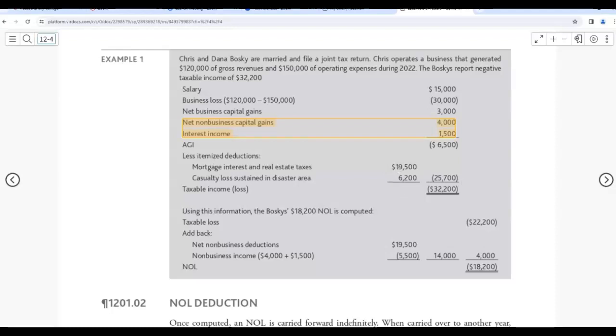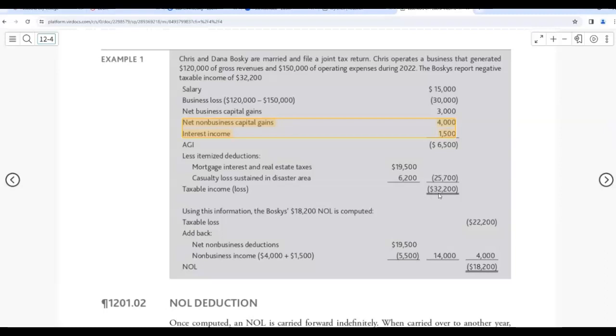Because this itemization is bigger than the standard deduction for year 2022, let's say, they end up using that itemized deduction, $25,700. So AGI minus 6,500, less itemized deduction of, let's say, 25,700. So taxable income ends up being how much?